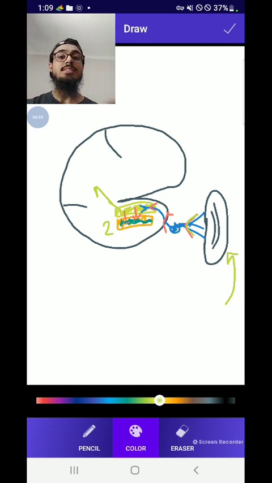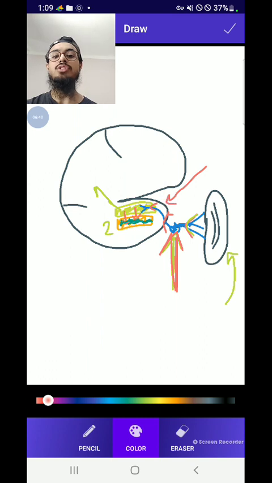When there is damage to the vestibulocochlear nerve, the nucleus which is present over here, due to any trauma, or damage to the pathway related to the input information, you cannot hear.